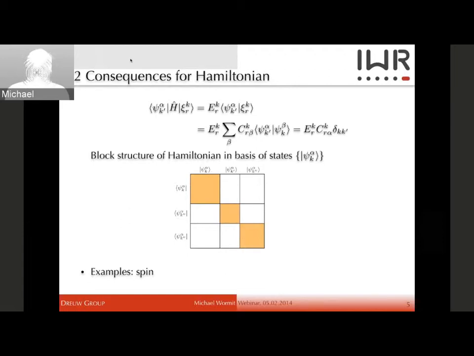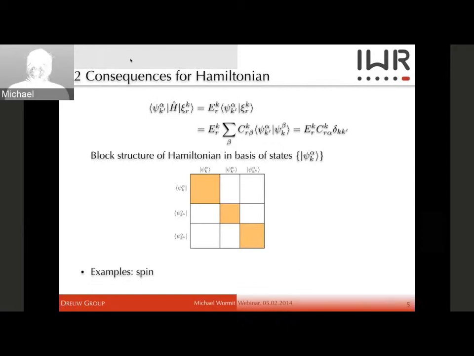The alpha indicates the degeneracy again, and k prime, k double prime refer to eigenstates belonging to different eigenvalues of the symmetry operators. And with respect to this basis, the Hamiltonian is block diagonal, so there are only non-zero elements within the same k.